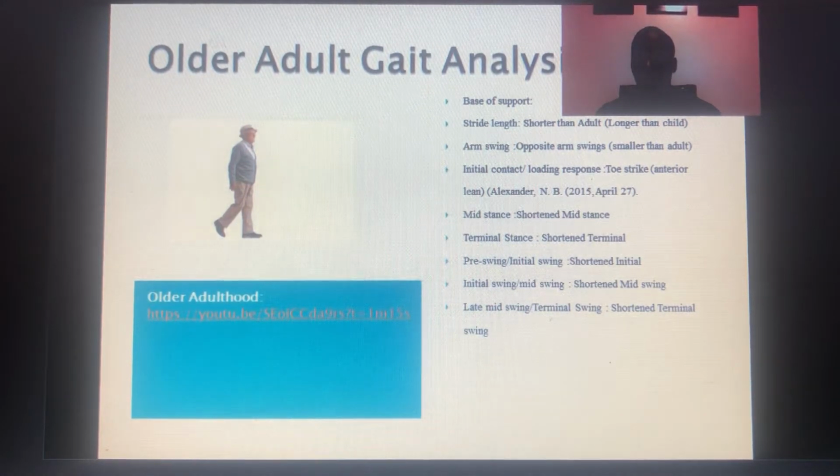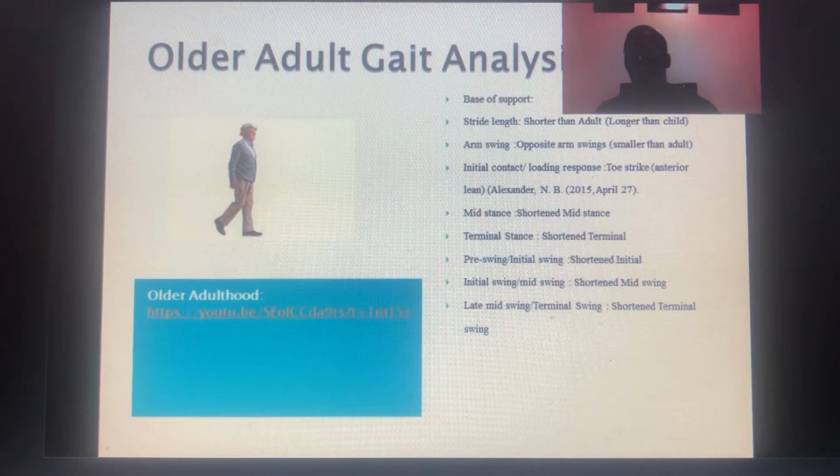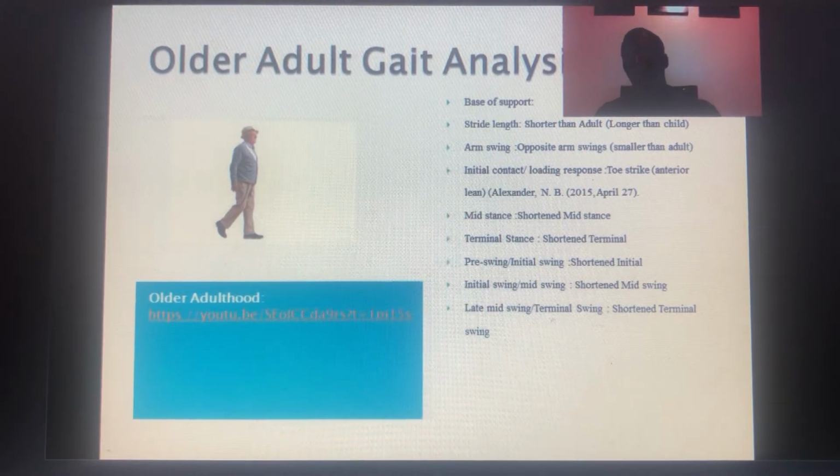Initial contact and loading response would be a toe strike with the anterior lean, according to Alexander M.B. Mid stance will be a shortened mid stance. Terminal stance will be a shortened terminal stance. Pre-swing and initial swing will be a shortened initial swing. And initial swing and mid-swing will be a shortened mid-swing as opposed to the adults.